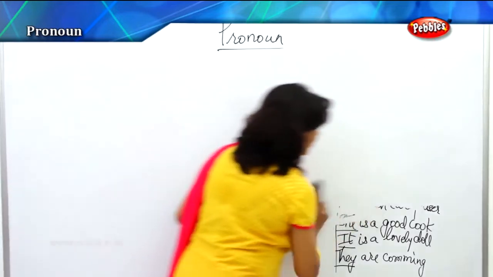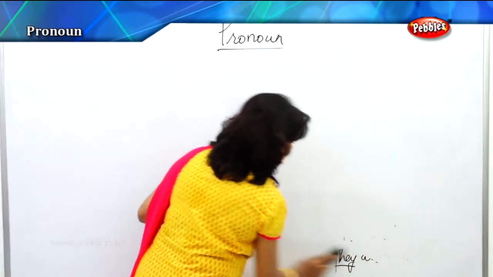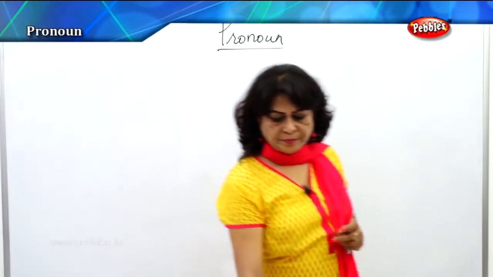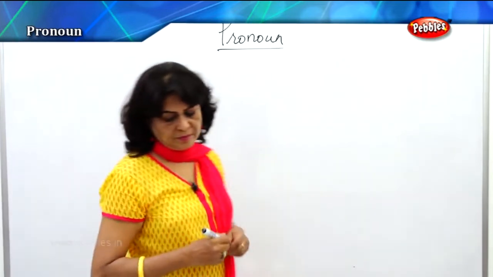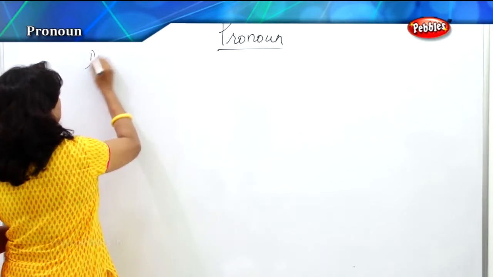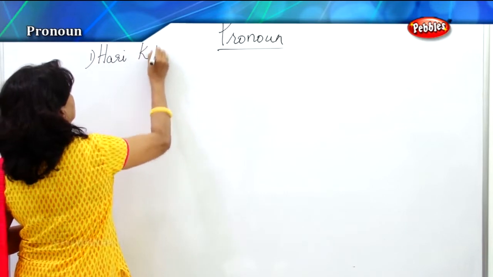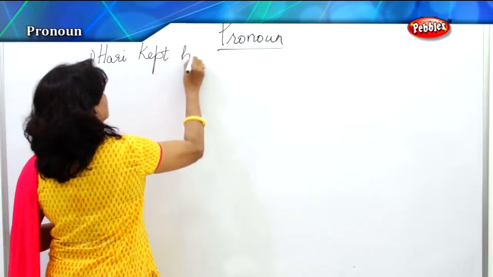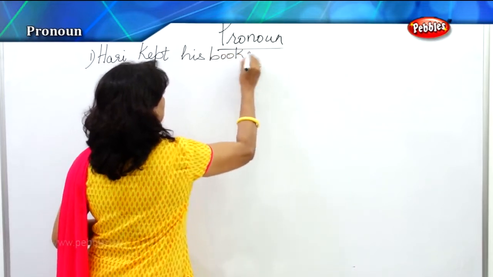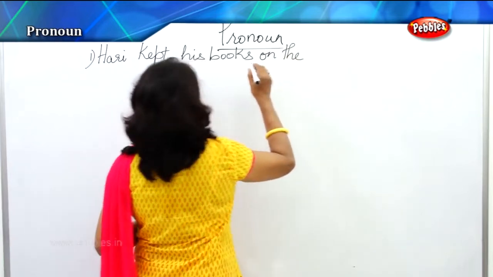Okay, do you have your books now? Notebooks? I am going to give you some exercise. Okay, first sentence, Hari kept his books on the table.